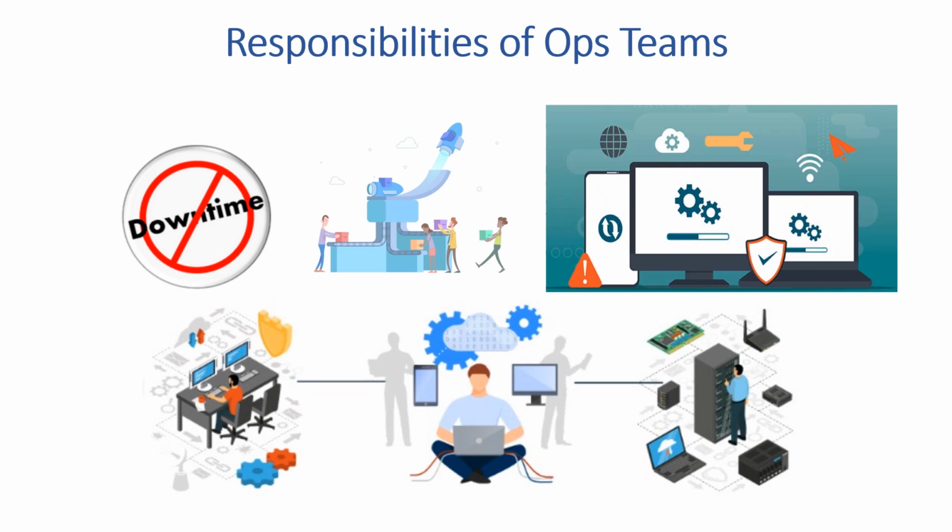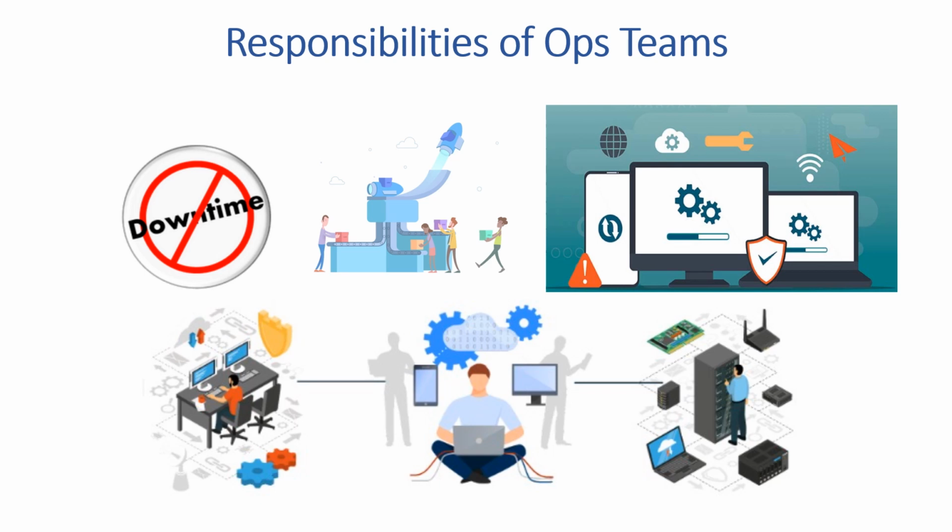Operations teams respond to technical and security concerns before they become significant issues by using automated processes and monitoring technologies. Additionally, IT operations personnel guarantee that systems can scale to meet rising and future product demand.